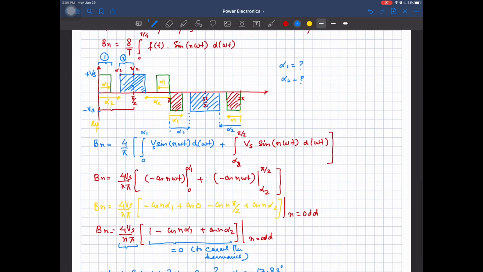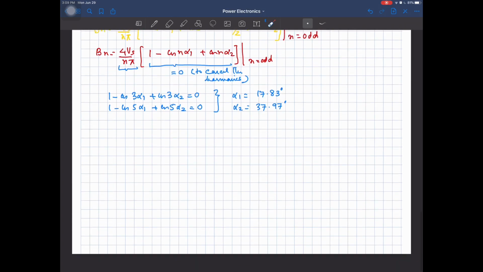So if I go back and look at this waveform, if we select this angle alpha 1 equal to 17.83 and we select this angle alpha 2 such that it is 37.97 degrees, then the third and fifth harmonics will be absent from the spectrum of this waveform, right?